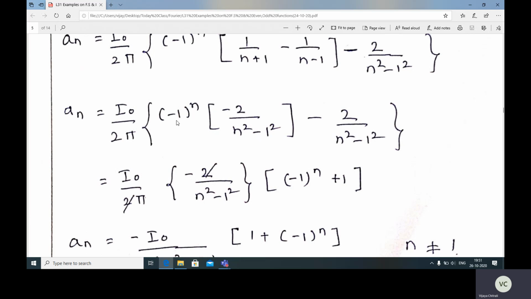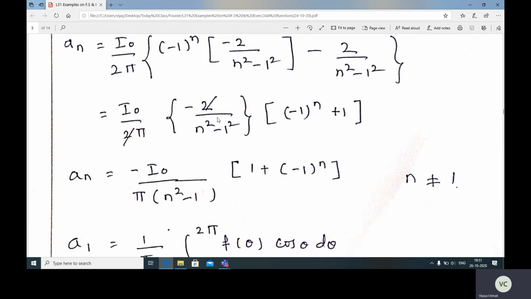Now from these two terms, minus 2 divided by n square minus 1 square is common, so take it outside. The next step will be I naught divided by 2 pi, minus 2 divided by n square minus 1 square. So what are we left with here? Minus 1 raised to n and plus 1, because minus 2 divided by n square minus 1 square is outside. Now simplify this.